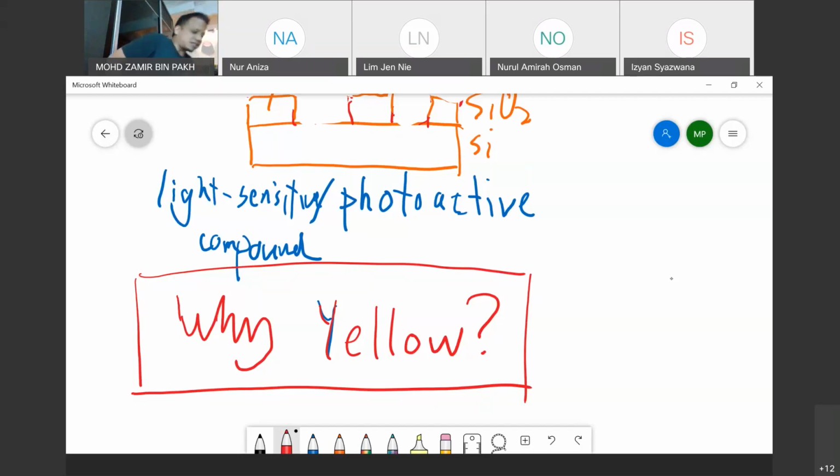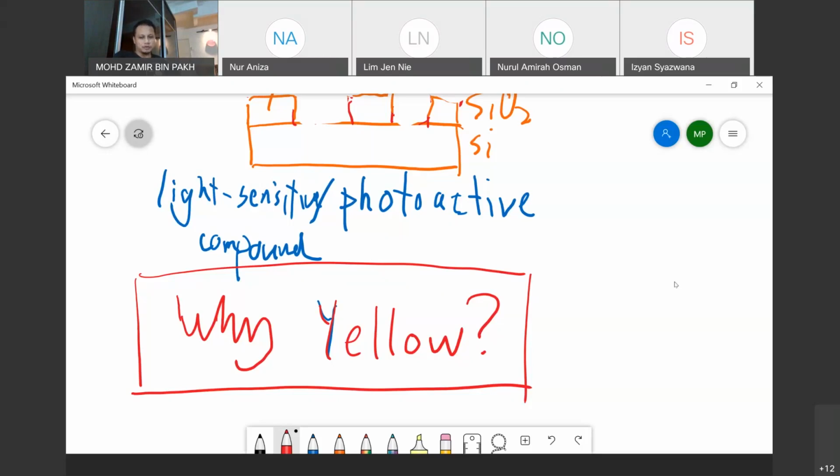So let's discuss. This is Friday before we go to part 2. Chingwei, what do you think? Kenapa yellow light? Long wavelength? Yes, long wavelength. What's the wavelength of yellow light? Super search. What's the wavelength of the yellow light and write it down there. It's related to the long wavelength.